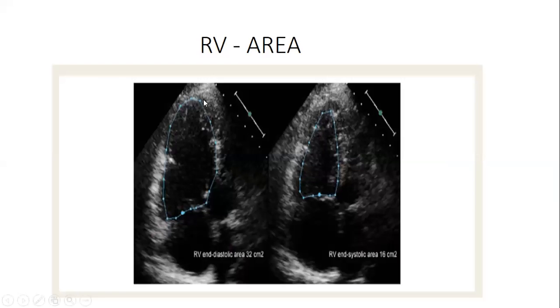When it comes to the area, the technique is to make sure you get your apical 4 chamber or apical 2 chamber. When you pick your apical 2 chamber, you pick actually 2 images. You freeze the one, and then you also get the other one on the other side, and then you track back.